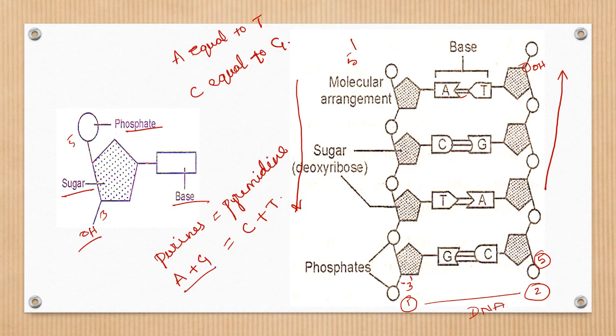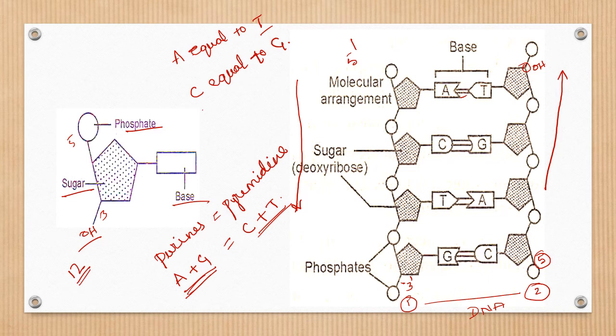But at the end, when A is equal to T or C is equal to G, finally the purines and pyrimidines are equal, it never exceeds. To conclude that, suppose A is 12, adenines are present.